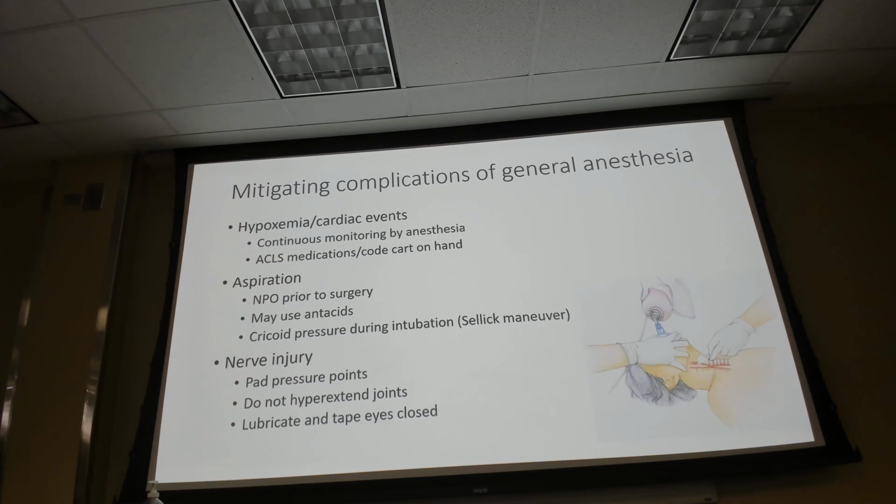That's why we place them NPO. We may use an antacid like a PPI prior to the procedure. We can provide cricoid pressure so we're not insufflating the abdomen. Then we need to think about any nerve injuries if they're going to be paralyzed, so we pad those pressure points, don't hyperextend any of those joints, which can happen, and then lubricate and tape the eyes closed.